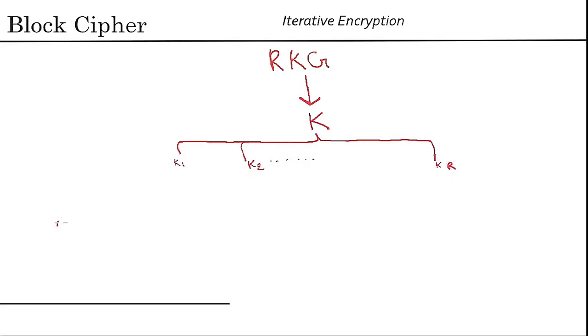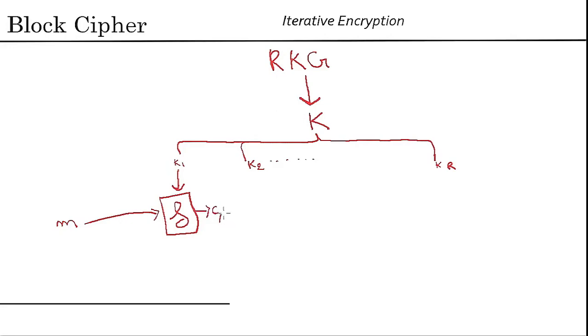We get some message M, and some function, let's call it F. Now, this message M is sent to this function F to be transformed using K1 to produce the first encrypted message, let's call it C1.